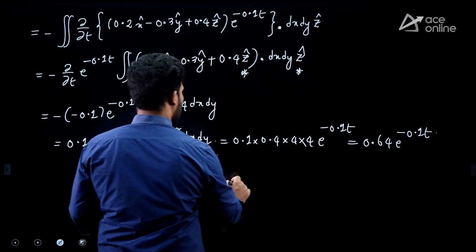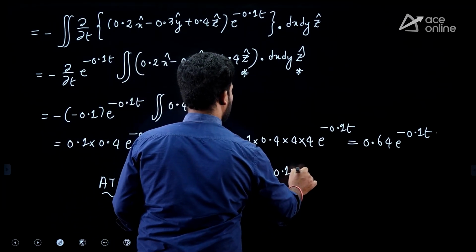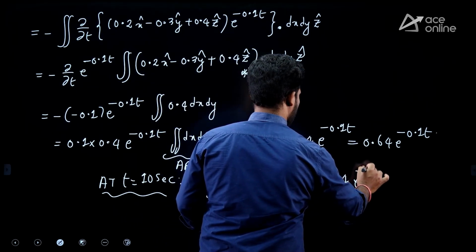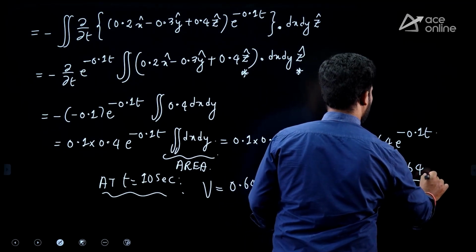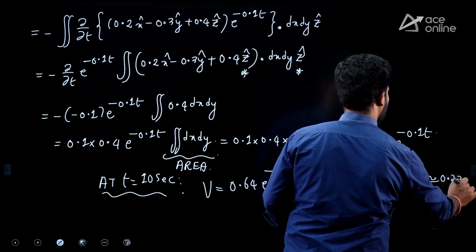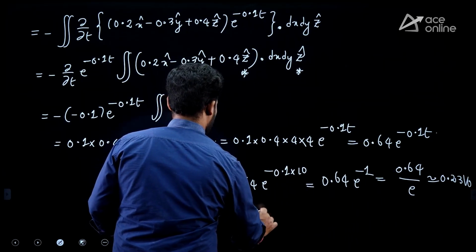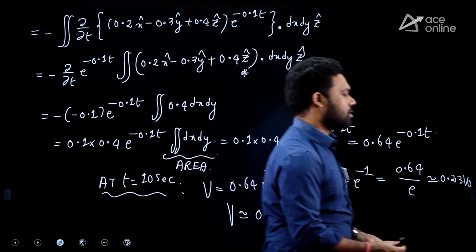So V is equal to 0.64 into e to the power of minus 0.1 into 10, which is 0.64 into e to the power of minus 1. So can you check out this value? 0.64 by e, approximately 0.23 volts. Am I correct? 0.23 volt is the answer.